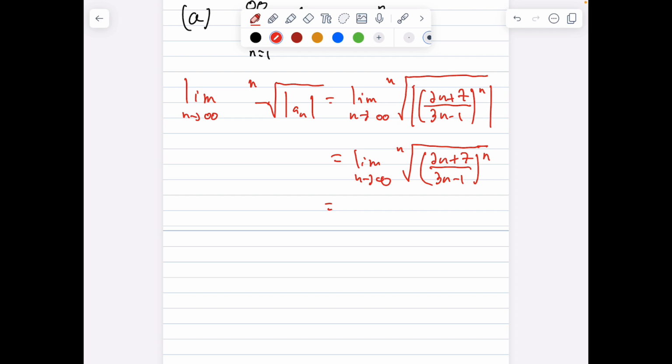And then you would have the nth root of the nth power, which would cancel out. This is tantamount to saying the square root of x squared equals x when x is greater than 0. That's what we're saying.